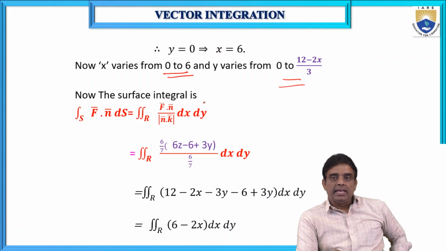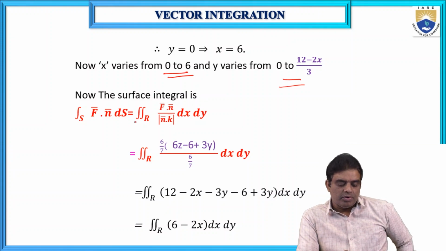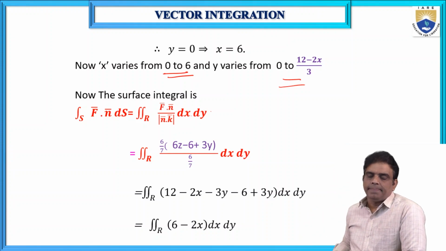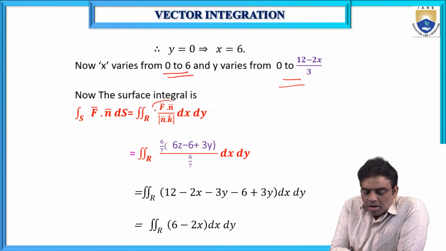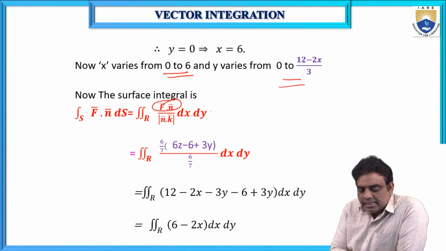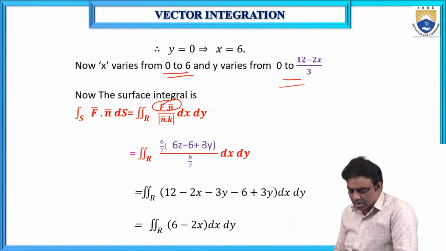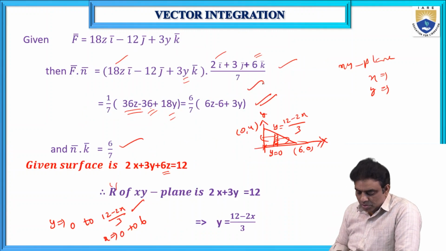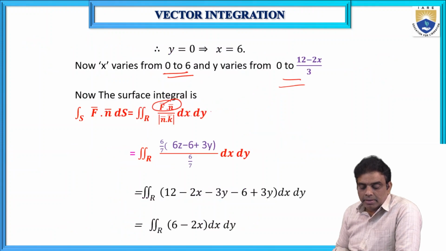Now the surface integral is the integral of f bar dot n bar ds, which is equal to the double integral over R of f bar dot n bar dx dy divided by the magnitude of n bar dot k bar. Let us substitute one by one, as I have already calculated all the terms. F bar dot n bar is 6 by 7 into (6z minus 6 plus 3y).